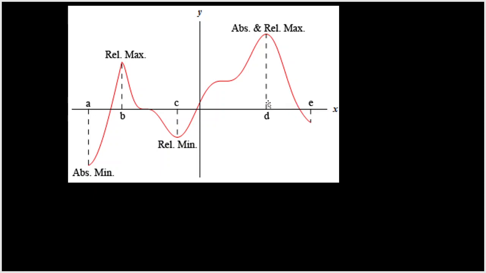So we say the function has the absolute maximum at d. And likewise, the function has the absolute minimum at a, right? You see the point on the graph at a is the lowest, which means the function has the absolute minimum at a. In other words, a is the location of the absolute minimum, and d is the location of the absolute maximum.